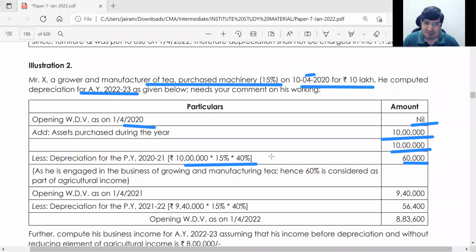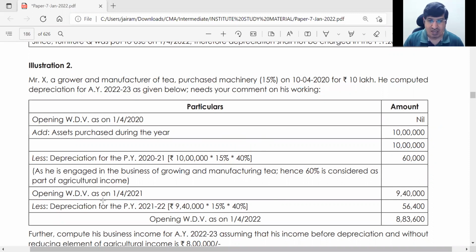Okay, so here he took 60% depreciation. How did he take it? 10 lakhs into 15% is depreciation, and he took 40% as 60% is exempt. By that logic, he has taken 40%. Then this minus this will be his opening WDV of the current previous year.